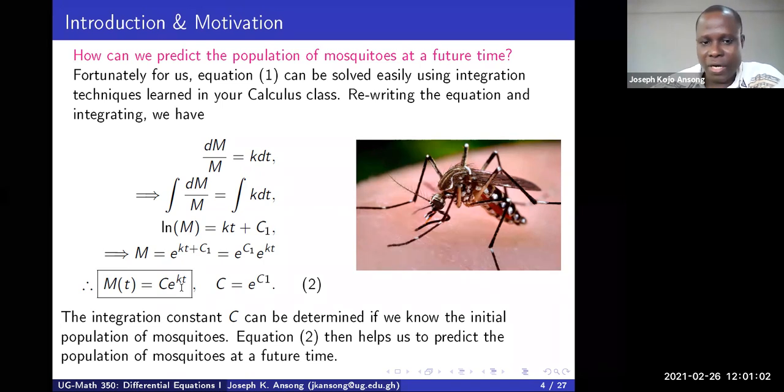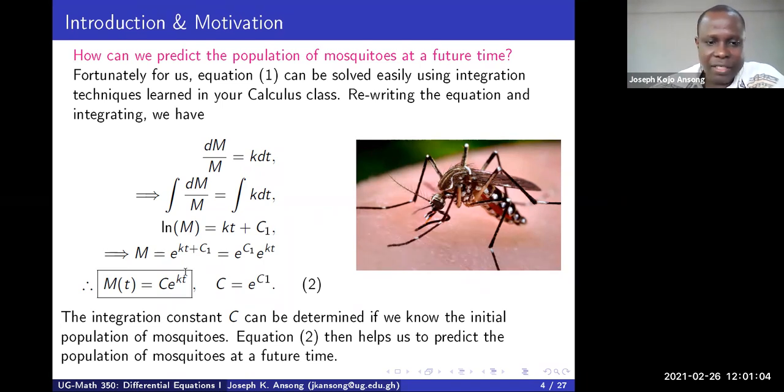As t goes to infinity, for instance, I can determine how this function behaves. Now, that constant c can often be determined if you know the population at a particular time, let's say an initial time. If you know the population of mosquitoes, then you can determine c. By doing that, we can use this equation 2 to help us predict the population of mosquitoes at some other time.